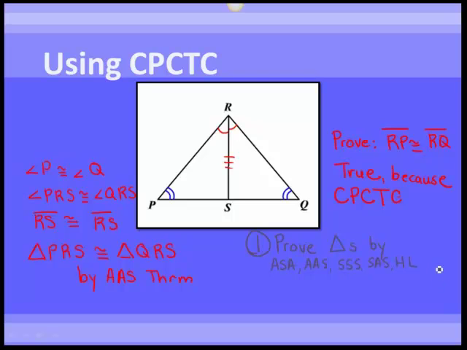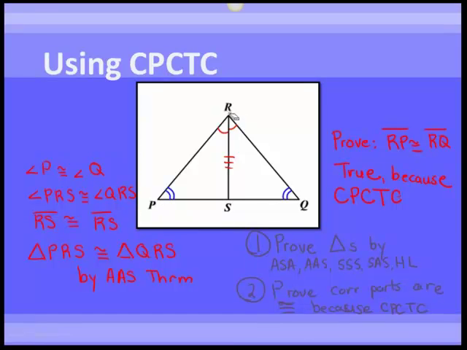That's the first thing. And then once you know the triangles are congruent, you can show that corresponding parts are congruent because corresponding parts of congruent triangles are congruent. So that will be the only justification you need.